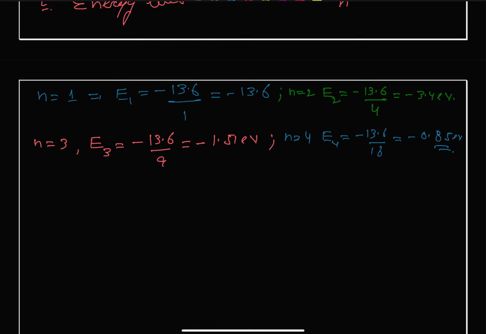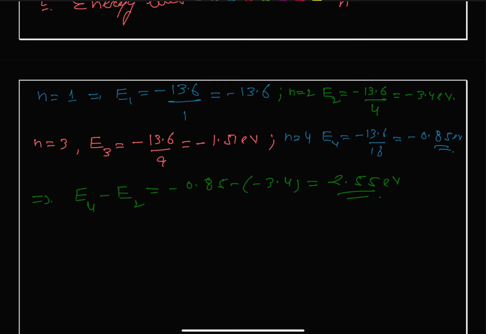So I will come directly to the solution, which tells us that if we take E4 minus E2, which is minus 0.85 minus of minus 3.4, this gives us 2.55 electron volt.